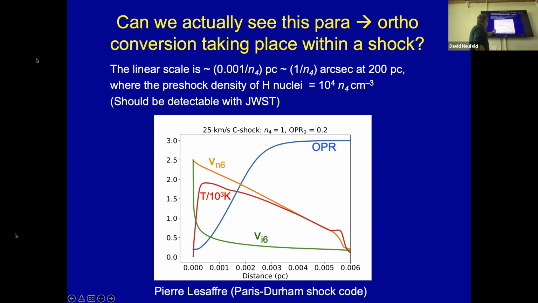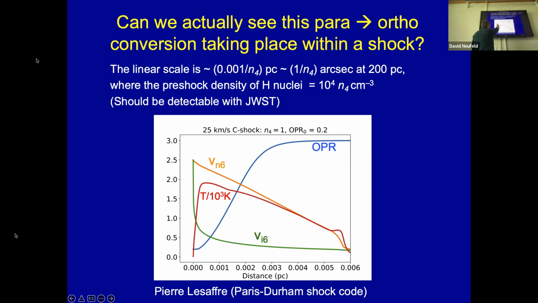So that's shown in this figure here. These are theoretical models for these shocks, a C-type shock. So the temperature rises to, in this case, about 1500 Kelvin, and remains warm for quite a long time, and then drops.